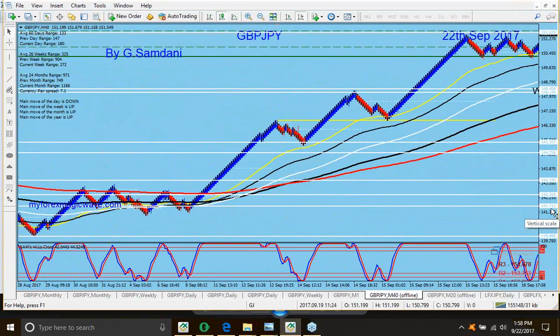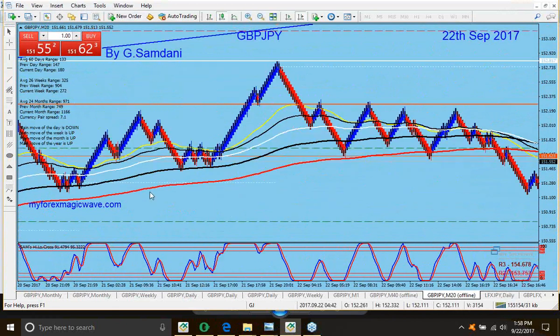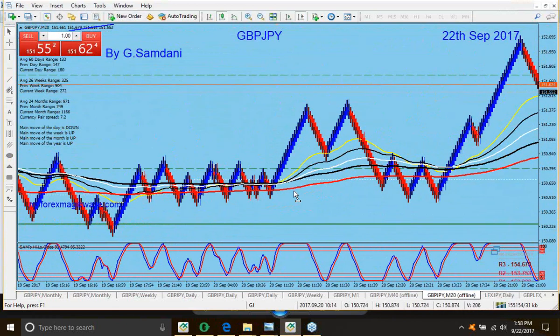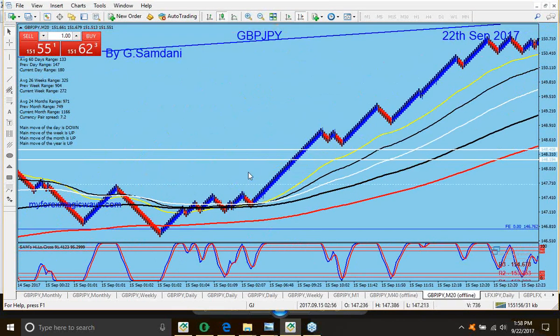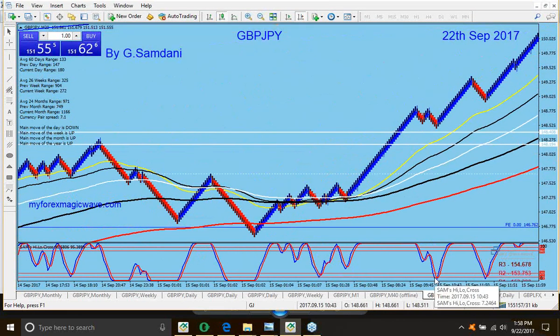This is where 141.71 is, that's where I made the chart: break this range and we start flying, and we did. Not only from here, but you can go on a 20-minute chart for a lot of entries in that direction. Only buys, only buys.